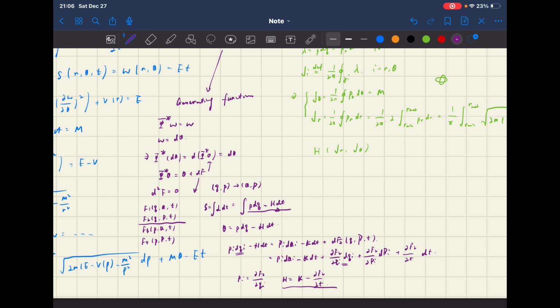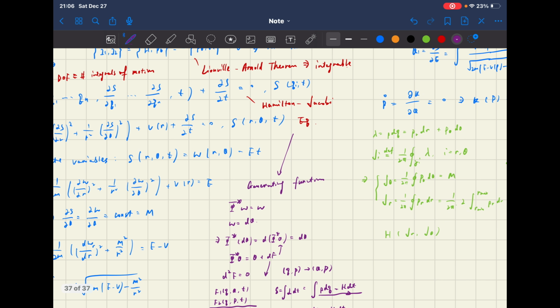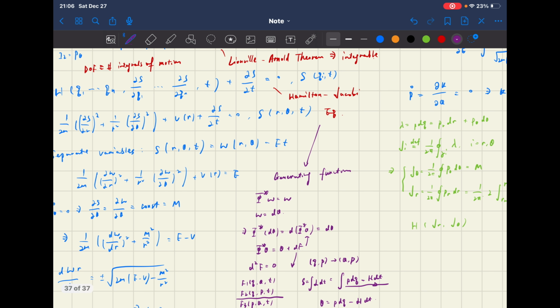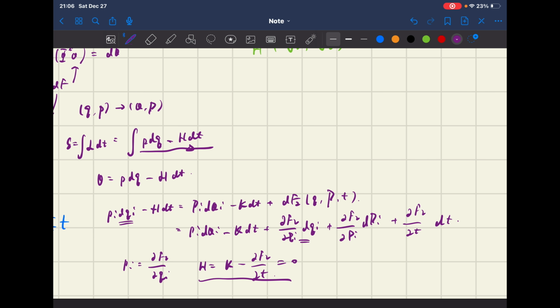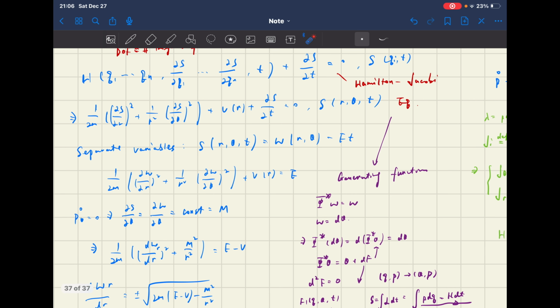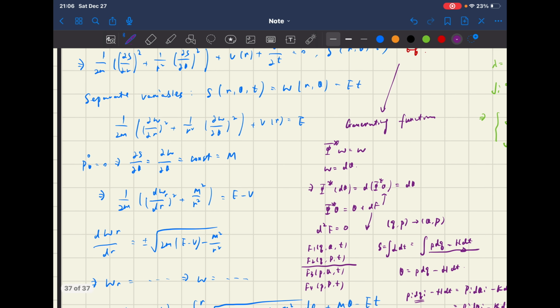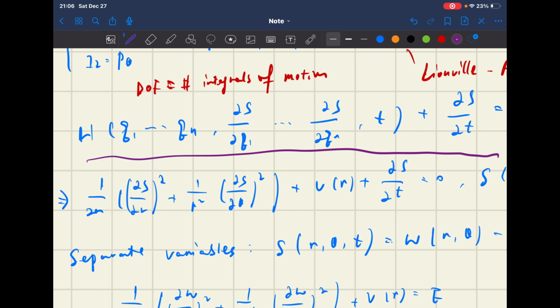If you take a closer look at this, since we have a new Hamiltonian, we set the new Hamiltonian to 0. We will see why it will be useful later, and we will obtain this equation right over here. This is called the Hamilton-Jacobi equation, the equation derived from the type 2 generating function.